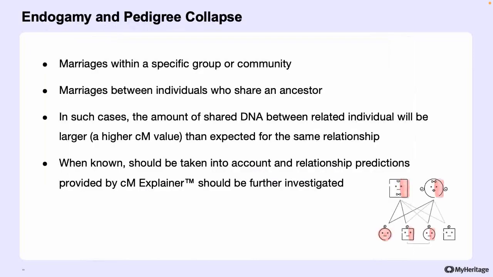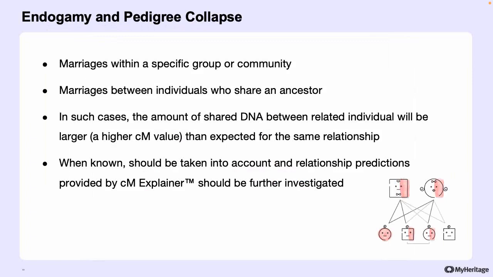Okay, so the CM explainer is a great tool that helps pinpoint specific relationships to explore, based on the amount of shared DNA and on the ages. But there are special cases where it sometimes cannot be accurate, which are endogamy and pedigree collapse.